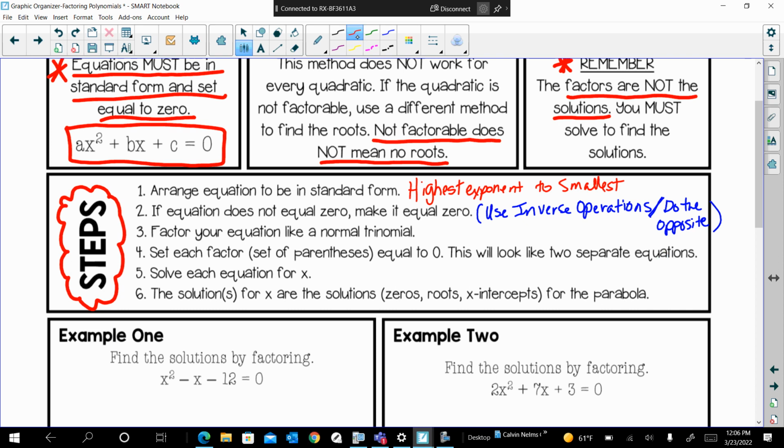The solutions for x are the solutions, which means another thing we call it is a root, a 0, an x-intercept. These are all examples of solutions. So all of these go together. These are your examples of solutions.